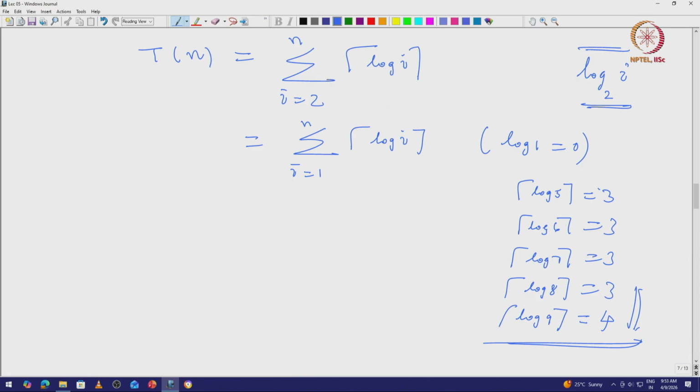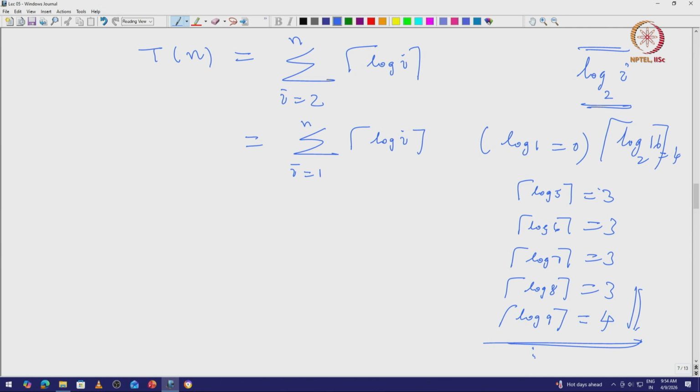Then it will remain 4 up to log 16, log 16 to the base 2 is 4. When you take ceil, it will be 4, but at 17 it becomes 5. Okay. So, after each power of 2 it jumps by 1, otherwise it stays equal up to the next power of 2. That is the property of this ceil function.